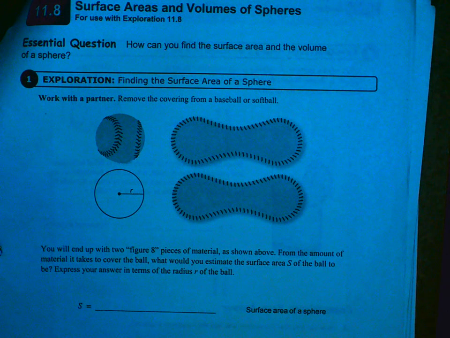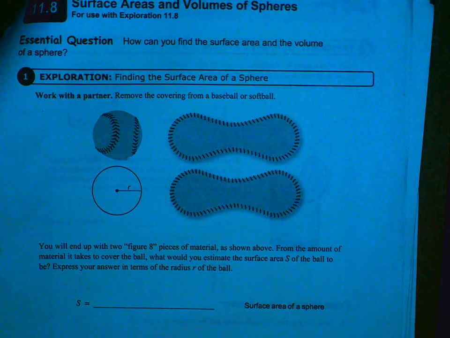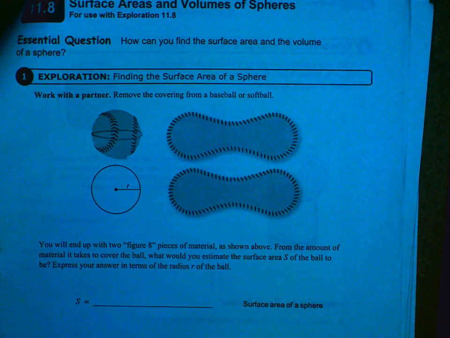What you see in this diagram is a baseball, and the net it takes to create a baseball. Here is the circle that would be considered the circle right across the ball.